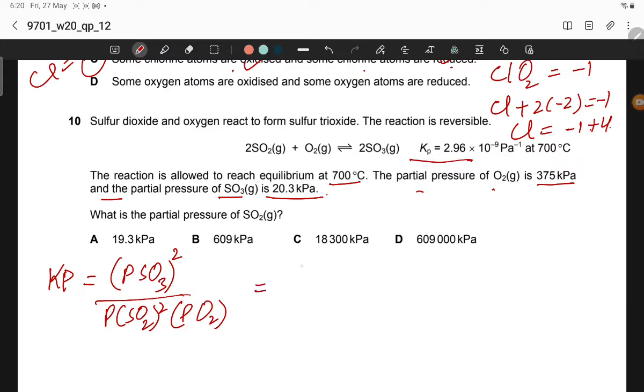Kp into partial pressure of SO2 is equal to PSO3 is 20.3 divided by oxygen is 375.